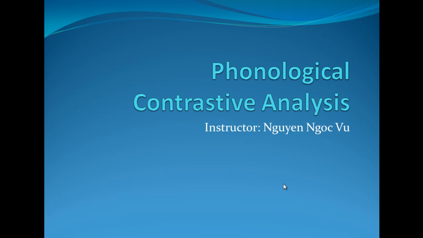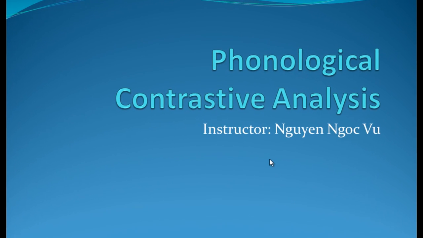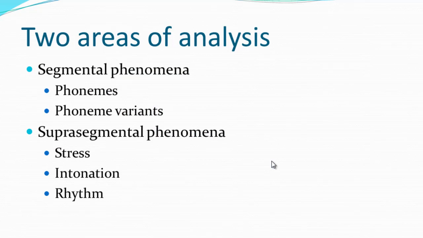Now for phonological analysis, you can focus on the two levels that we commonly discuss: the segmental and suprasegmental units. These are the different units within each area that we can focus our attention on.